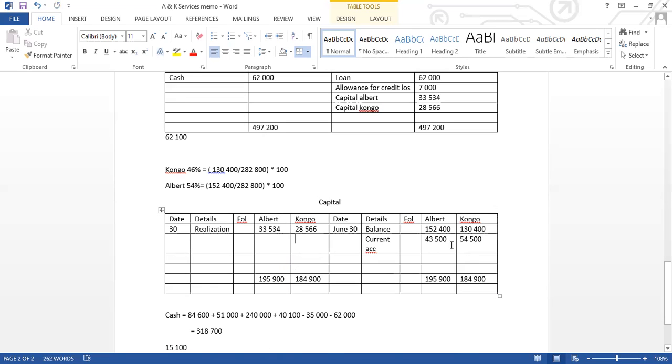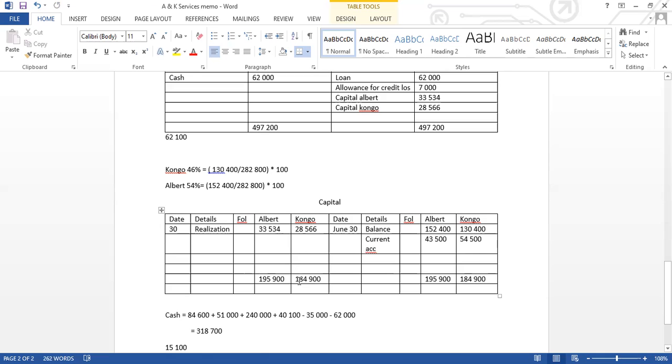Looking at this, the credit side is the biggest, obviously. So 130,400 plus 54,500 will give us 184,900. 152,400 plus 43,500 will give us 195,900. The same, so we record them on both sides. Are we together?